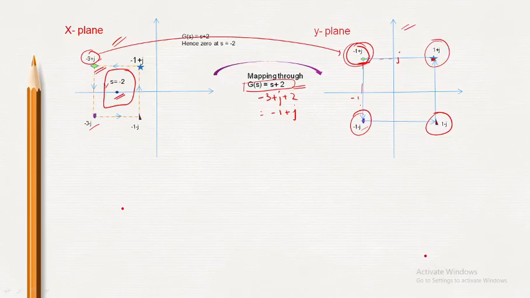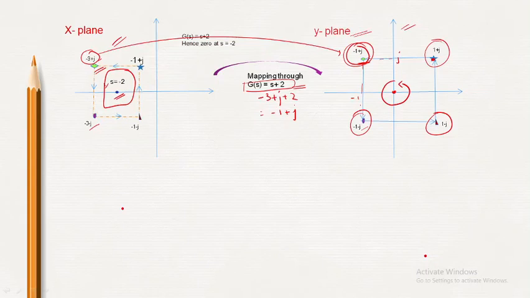But another thing is that you can see that this contour is encircling the origin. Here we have the origin. Here this contour was not encircling the origin, but when we have a function which has a 0 inside the contour, then the contour that you are getting in the other plane is encircling the origin.